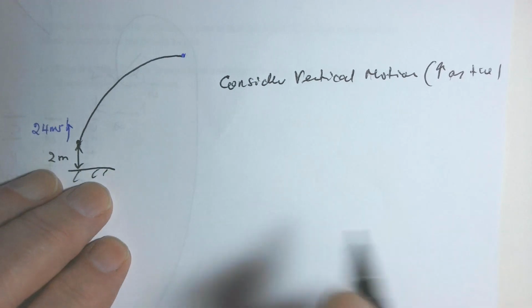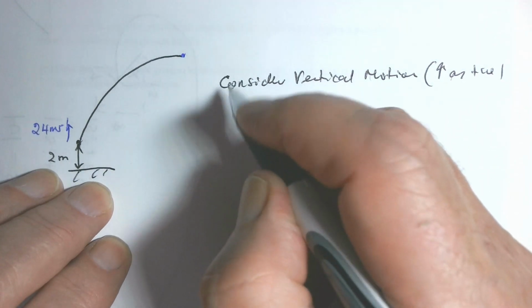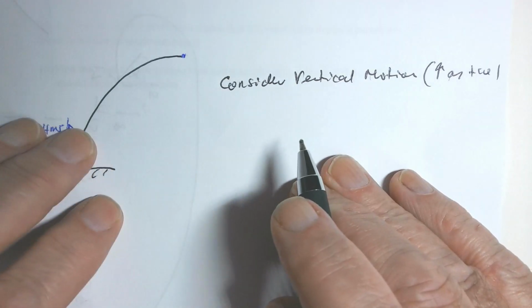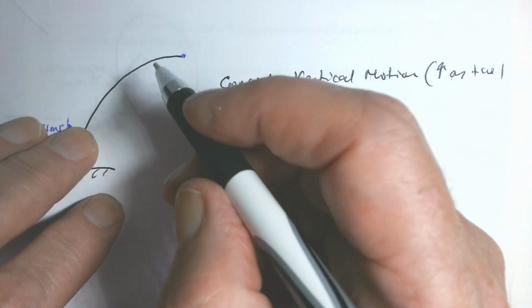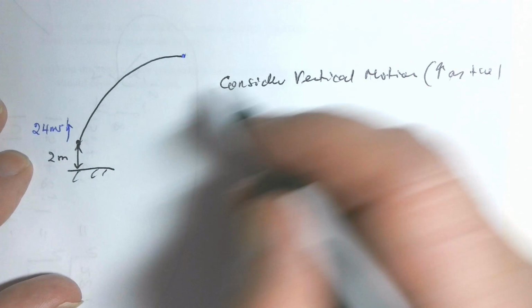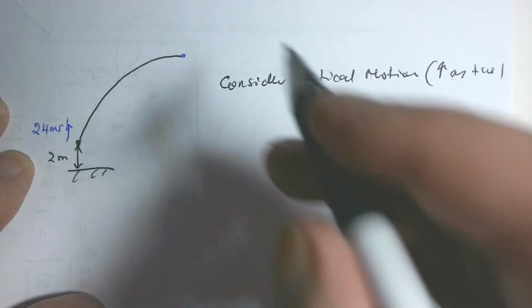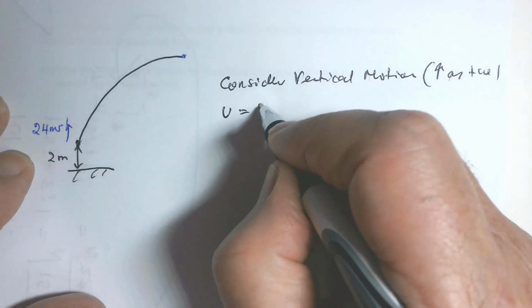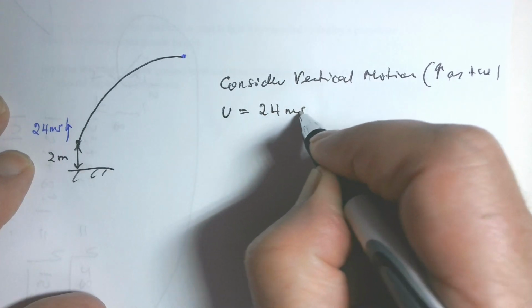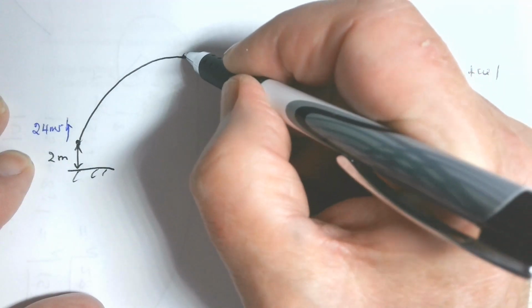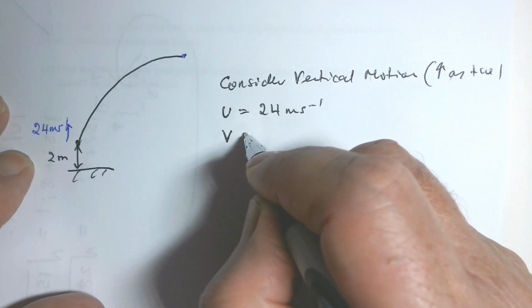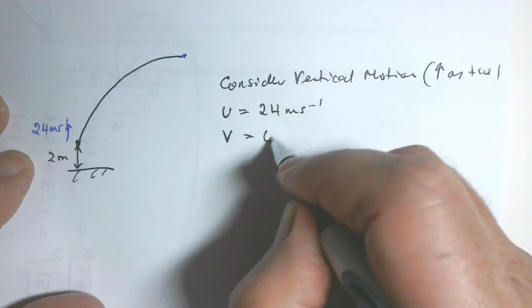we've got u, if we're going to use it to find the maximum height, we're going to be able to use the fact that we know our initial velocity u is 24 meters per second. We know our final velocity vertically, v, is going to be equal to 0.